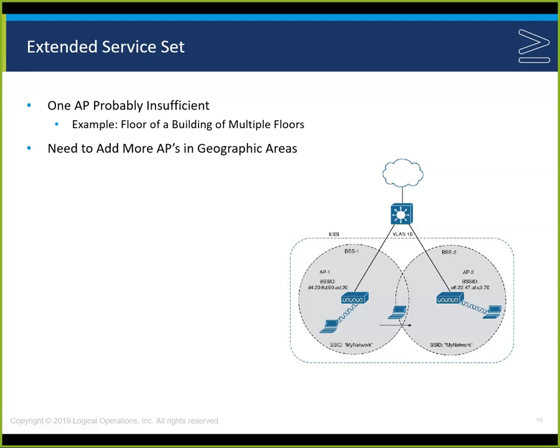Or if you're a glutton for punishment, you can go to 300 of them and configure them individually and map the BSSID to the SSID. Well, actually, BSSID, SSID, and then we're going to map them to VLANs.